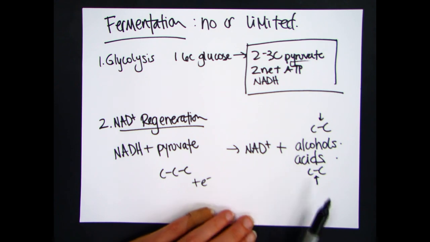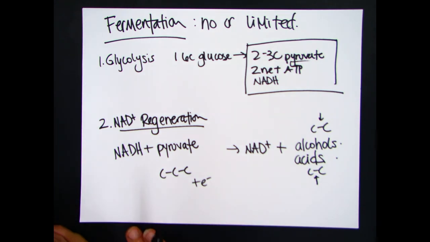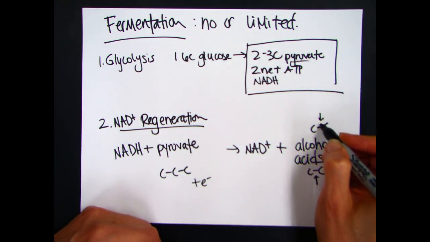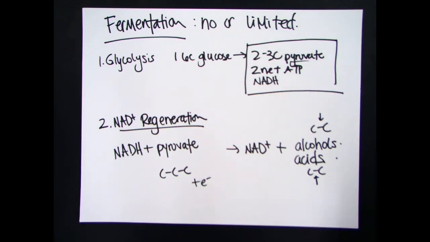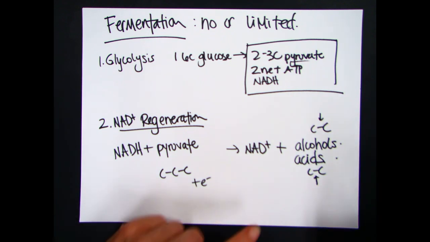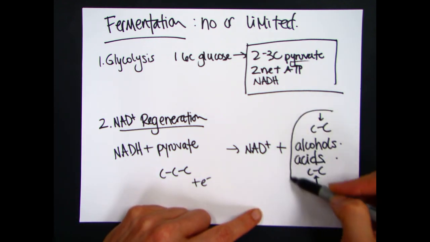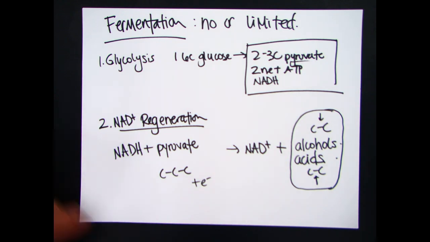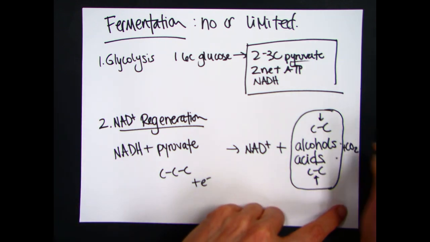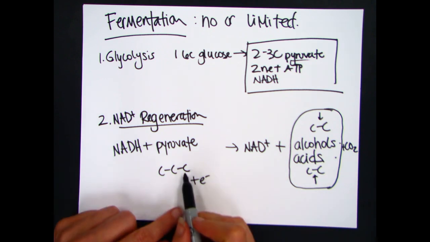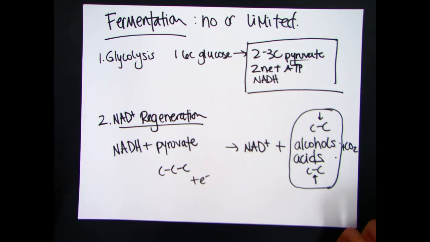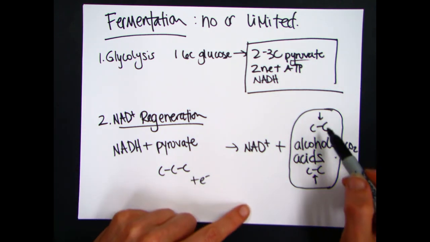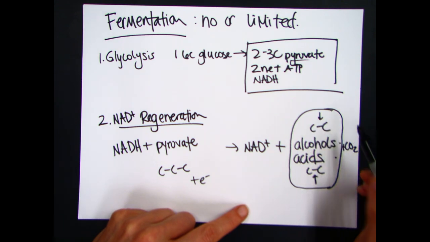And if you guys will remember, we talked in the respiration video about how there's electrons that make up the bonds, and the energy associated with those electrons is what is used to do stuff. And so these carbon compounds have not been completely broken down to CO2. There will actually also be CO2 produced, which is where the third carbon goes and is why your kombucha is fizzy. But there is still 2 carbons stuck together, and thus there is still some associated energy.